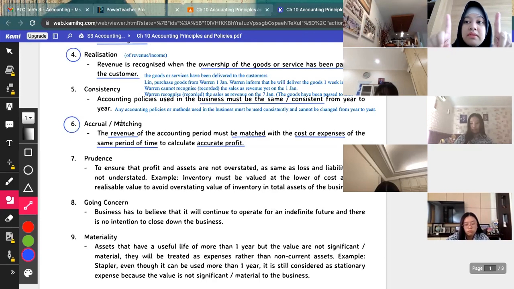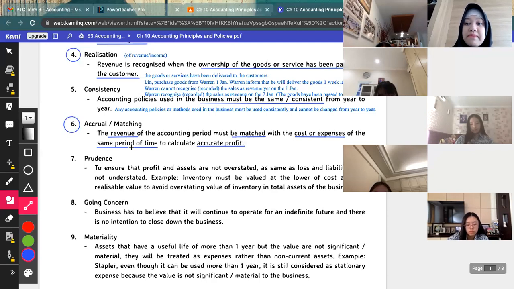Clear? Because you have to match expenses and revenue in the same period of time. If the revenue you state is for 1 year, you have to adjust all the expenses to 1 year as well. We will study more about this in chapter 11, and chapter 11 is a little bit hard, so I want you to understand the concept first.